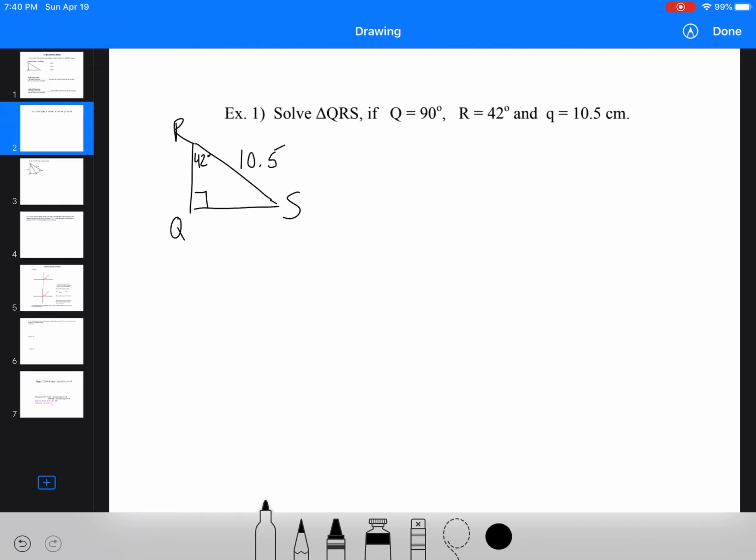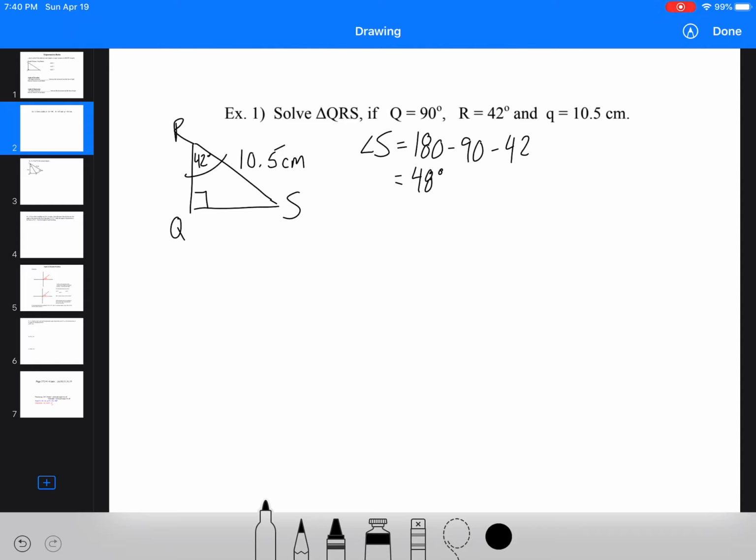Angle R is 42 degrees, and side Q is 10.5 centimeters. The first thing that we're going to do is just find angle S. Angle S is just going to be 180 minus 90 minus 42, and you can probably leave that step out and just write 48 degrees.